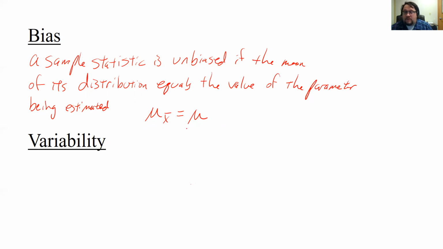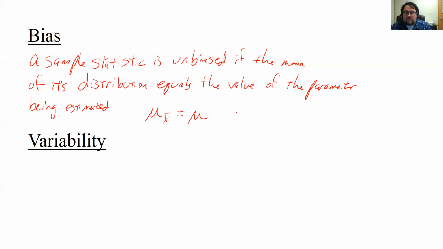Now, if you're looking at something that's not normal and you took a sample size of 3, you might have a pretty biased situation, because you can't necessarily say that's going to work out to a nice normal distribution. You'd have to go at least 30 or bigger. But if the mean of the means comes out to be the actual mean of the population, then that is unbiased.